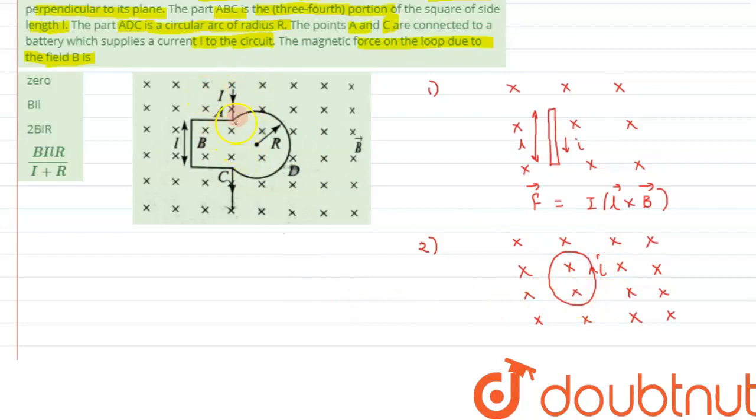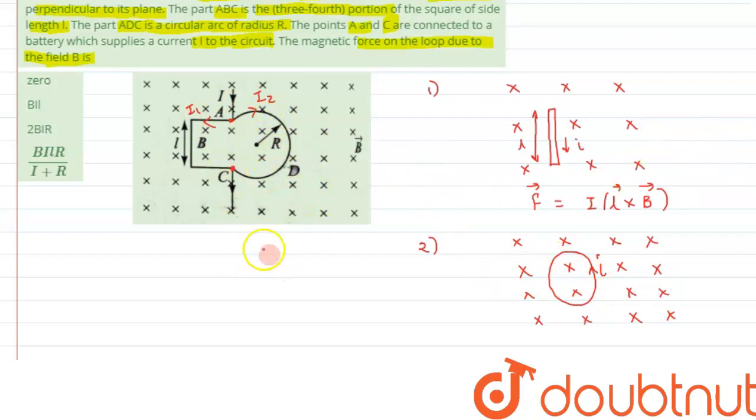In this case, there are 2 points, A and C, which are connected to a battery source, due to which current I is flowing. Let's say it gets divided into I1 over here and I2 over here. So 2 different separate currents are flowing in the circuit, and we cannot say the force acting on this loop is 0. I hope you are getting this point.